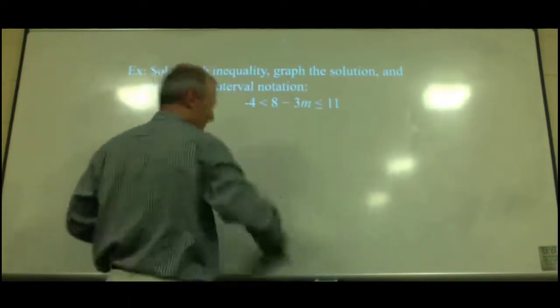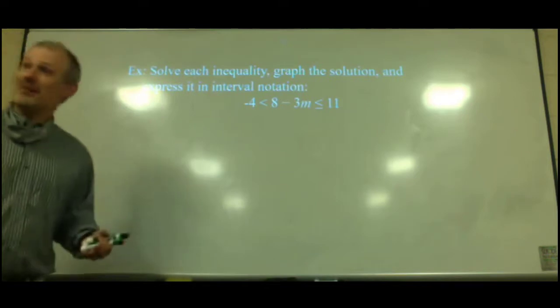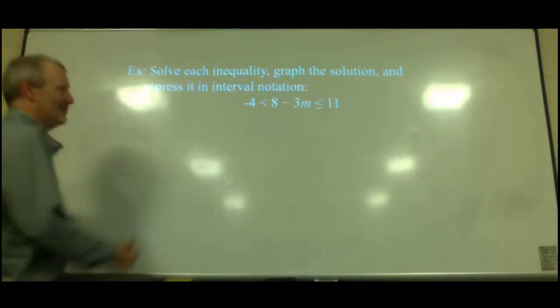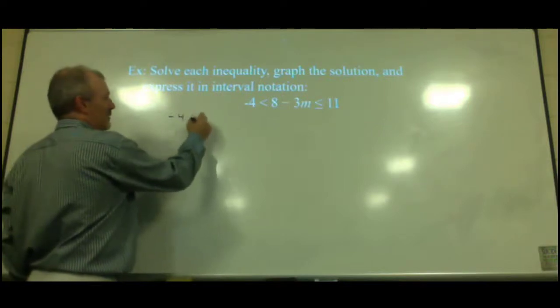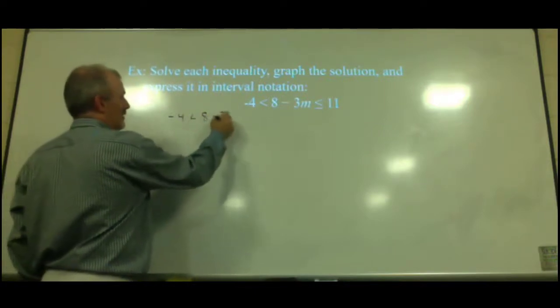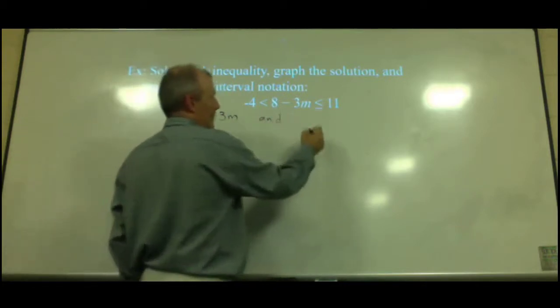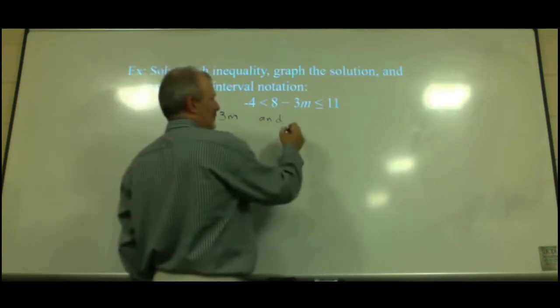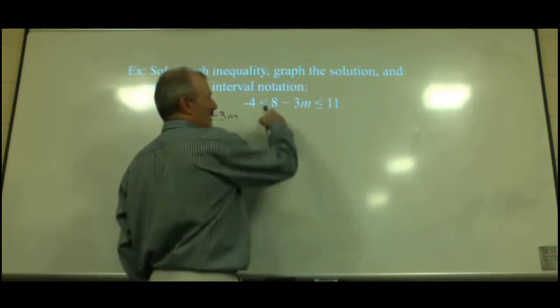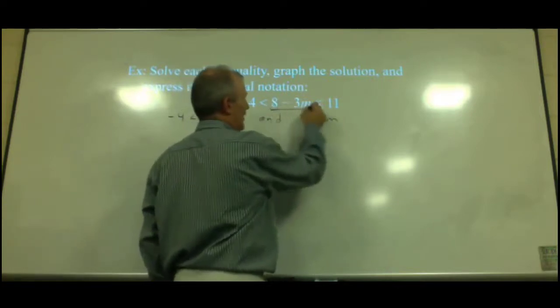So if we're going to split it up then, what do I have to write down? -4 is less than 8 minus 3m. And then we need the 8 too: 8 minus 3m, because that's all together in the middle.